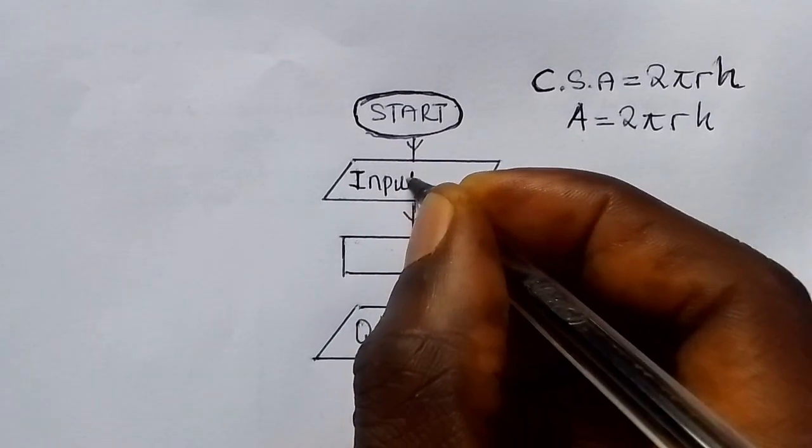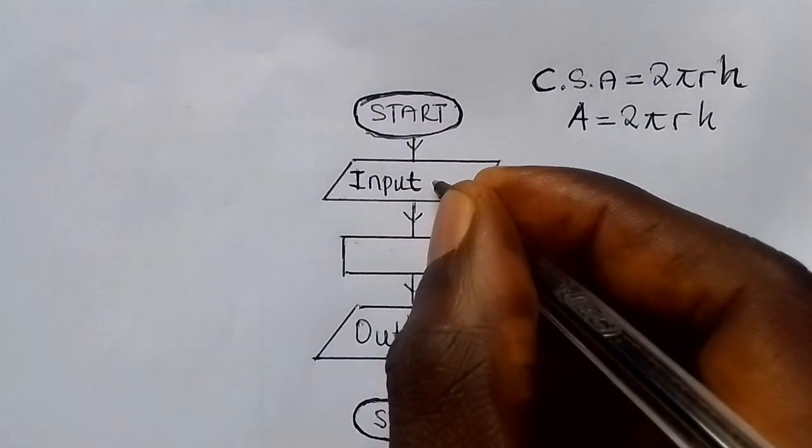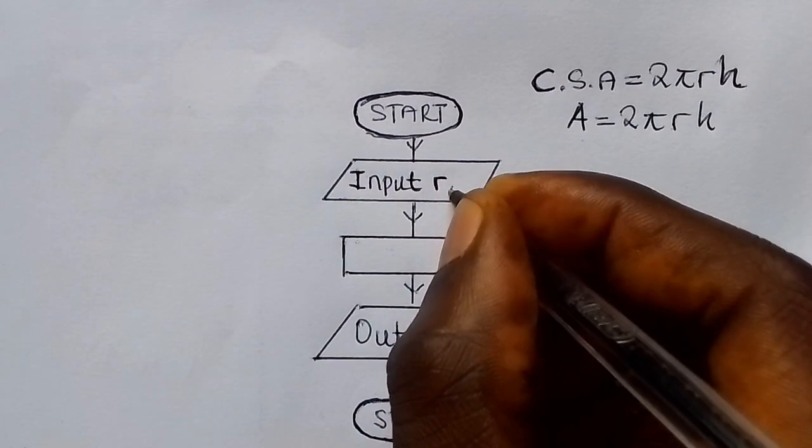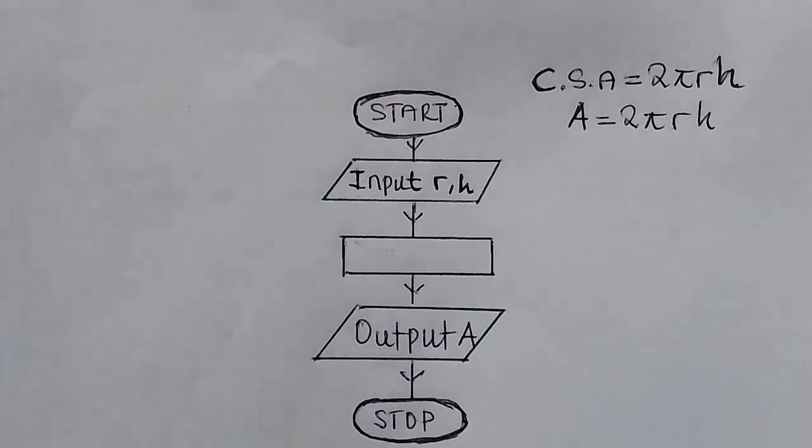In our input stage, we are just putting in two values, R and H. So we'll just write input R, comma H. These are the input values for the flowchart for calculating curved surface area of a cylinder.